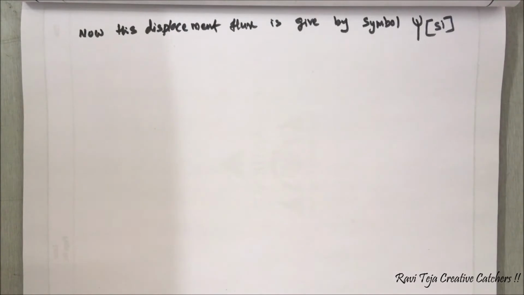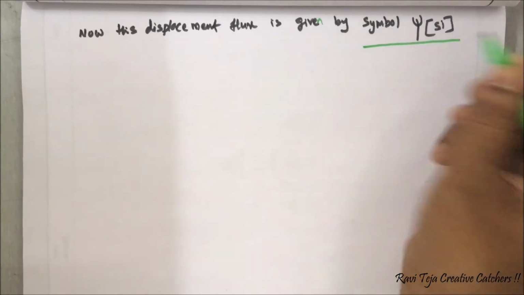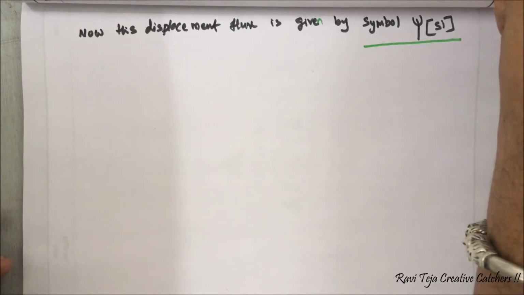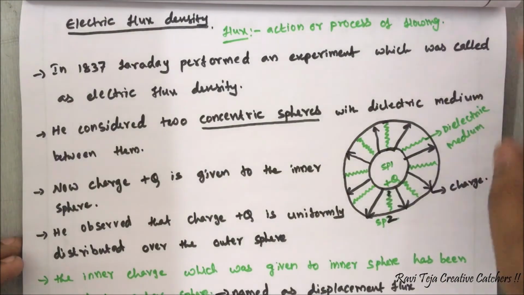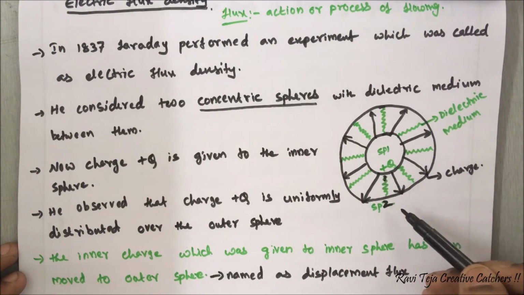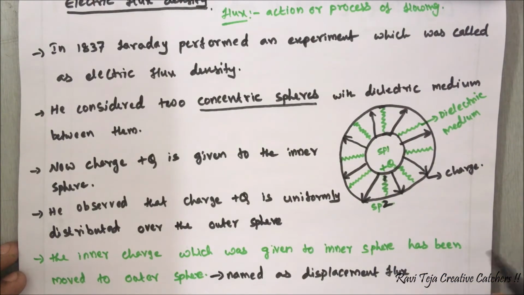So this particular displacement flux is given by the symbol psi, where this displacement flux is nothing but the charge which has been formed in the outer sphere. Now, as the charge is moved from the inner sphere to the outer sphere, the moved charge is considered as displacement flux, and the displacement flux is given by psi, right?